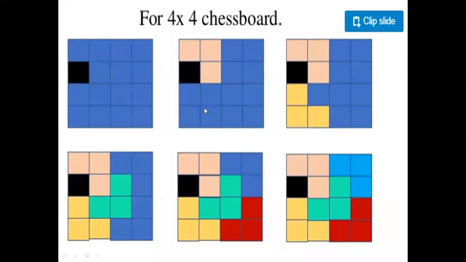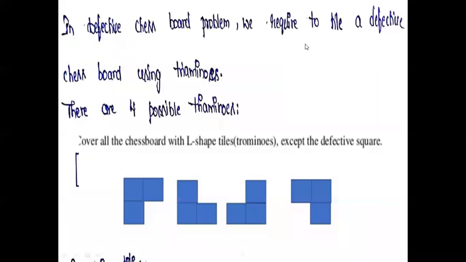Any chessboard has only one defective square. So for example, in a defective chessboard covered using trinomials, there are 4 possible trinomials, as we already discussed. It is one type of trinomial, another type of trinomial. These L-shaped tiles are also known technically as trinomials.